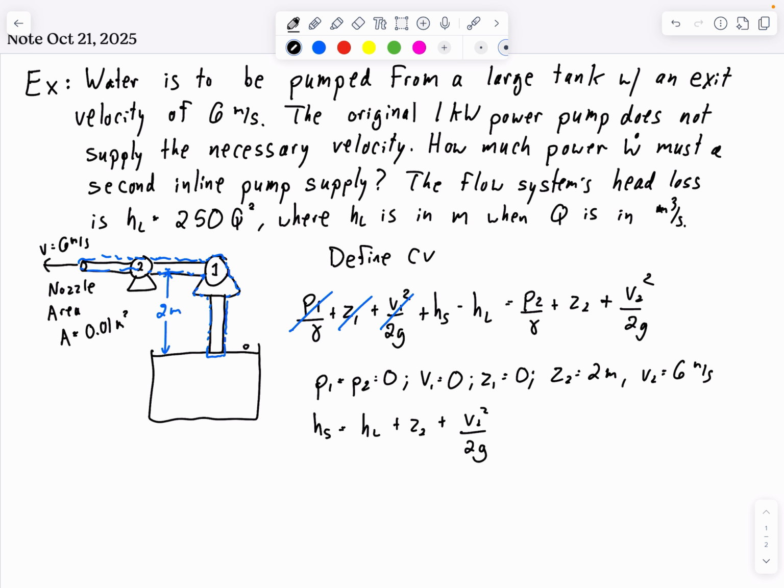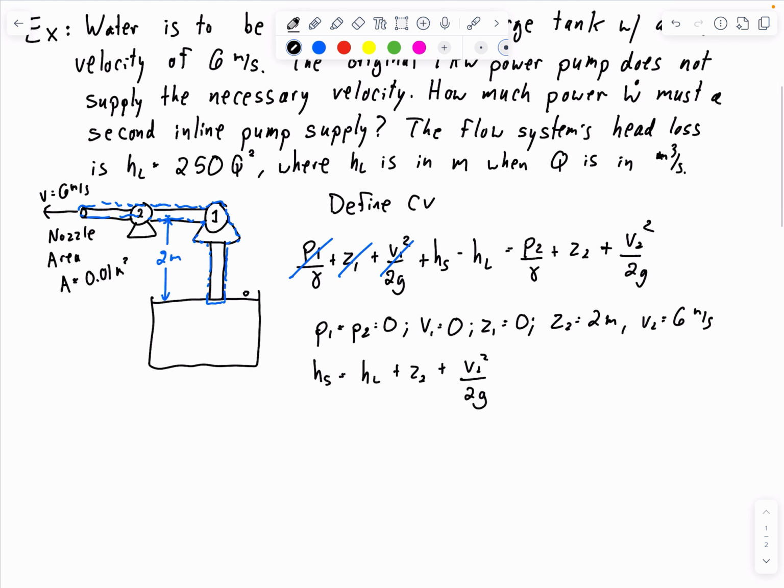Now, we were told that our head loss, H sub L, is a function of Q, our flow rate, so 250 times Q squared. So we need to find our flow rate Q. So we know that Q is equal to the area times the velocity, and we're told that the area at 2 is 0.01 meters squared, and the velocity at 2 is 6 meters per second.